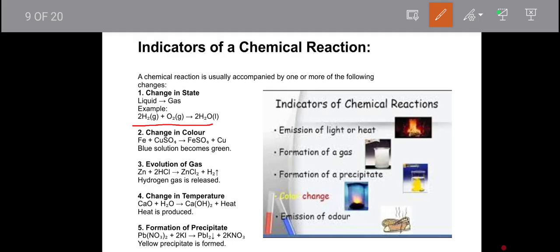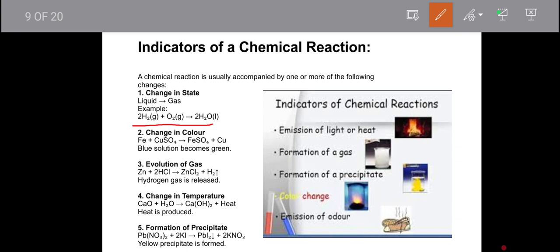Hydrogen is a gas and oxygen is also a gas, but look at the product formed, that is water, which is in the liquid state. So here a change in state has taken place, that is, gas has converted into liquid. In the same way, solid can get converted into liquid, or solid can get converted into gas also. So whenever a chemical reaction takes place, there is a chance that a change in state can take place.